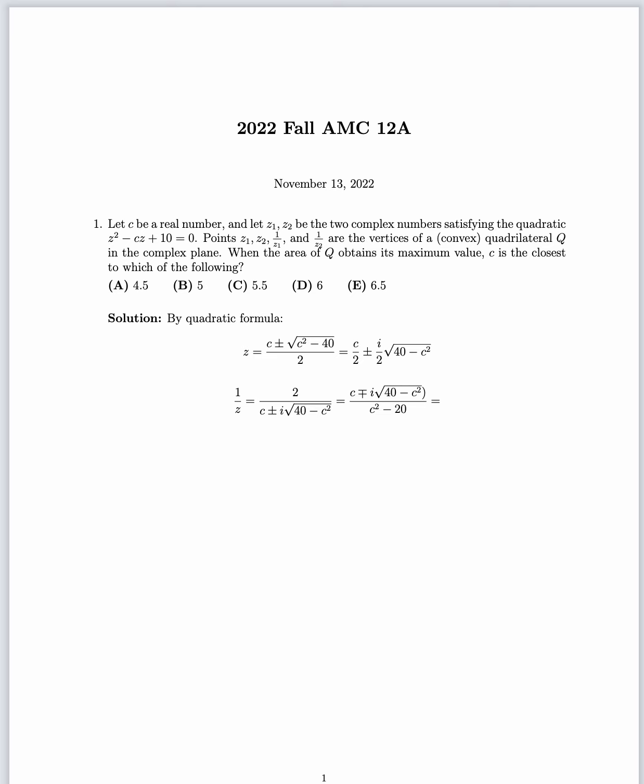So this is what we got: c plus or minus i times the square root of 40 minus c squared over c squared minus 20.